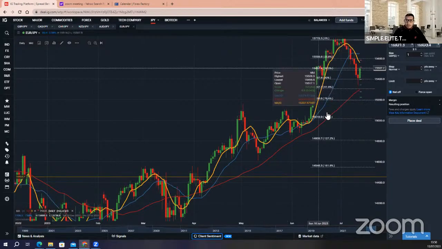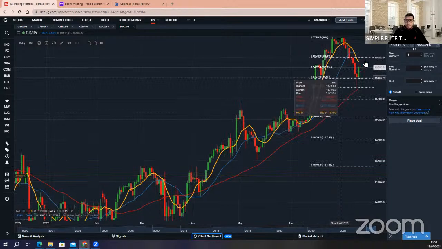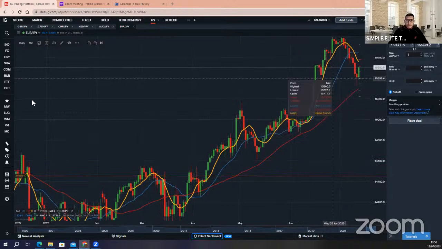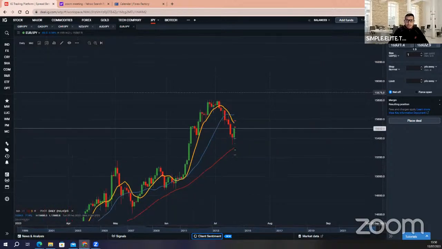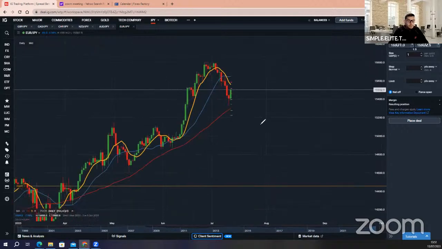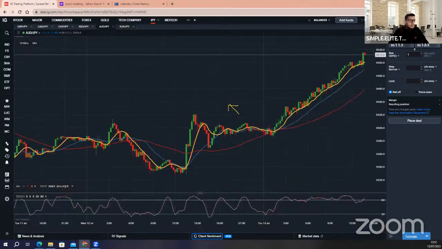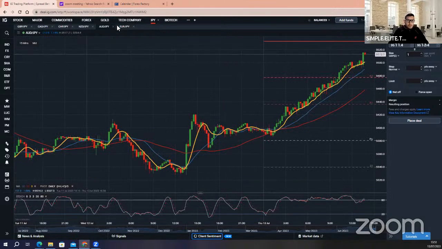Let me delete this one. So euro yen is looking interesting because we also see this bar which is bullish. Aussie yen. So euro yen for me is the best setup, I think.